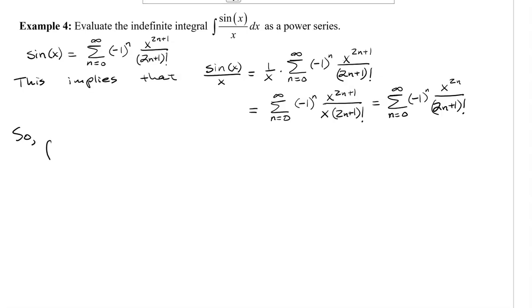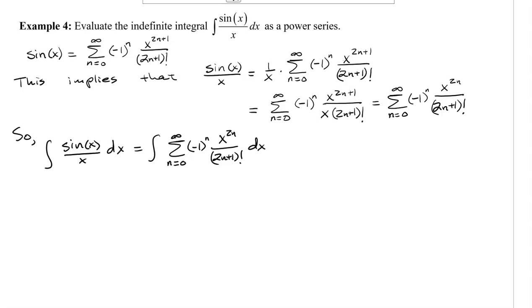So we can now integrate sine x over x dx as a power series. We're integrating with respect to x, so our negative 1 to the n will remain the same.